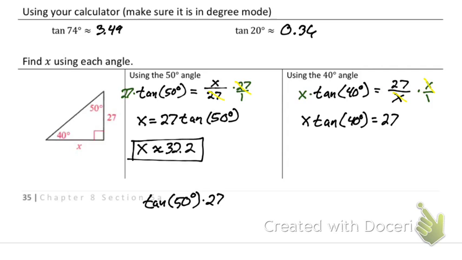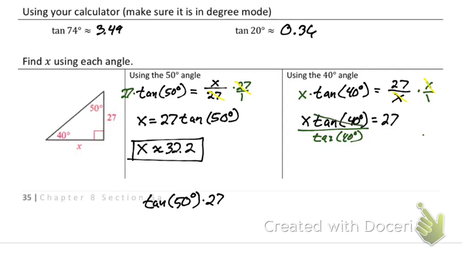You can't. It is tangent of 40. Tangent of 40 is a number. It's a number we just haven't plugged in our calculator yet, and we don't know offhand. So this is x times a number. You can divide both sides by a number. So that's exactly what we're going to do. We're going to divide both sides by tangent of 40 degrees.